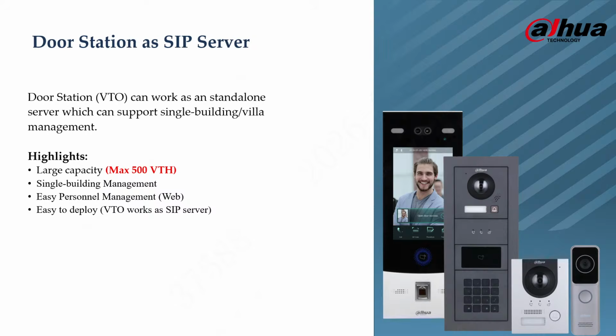But when you use more than one VTO, you need to say, okay, this VTO is the SIP server, and the others need to be disabled as SIP server, because the other VTOs also need to connect to the main VTO as a SIP server. In this solution, a maximum of 500 VTH can be managed, which makes it ideal for small and middle size projects.